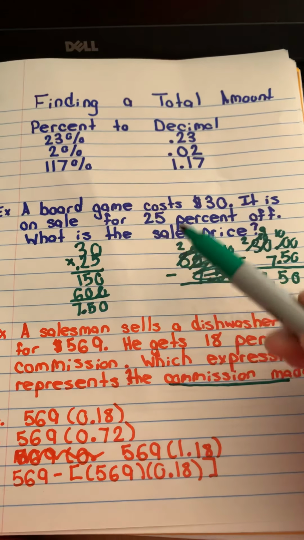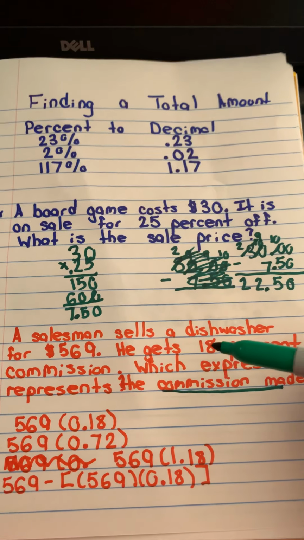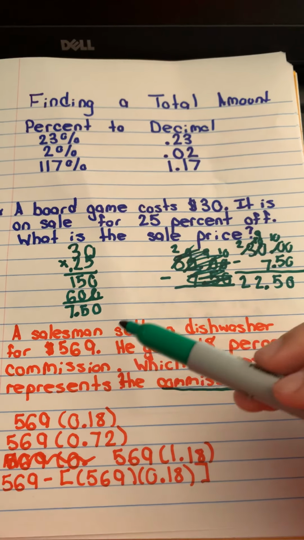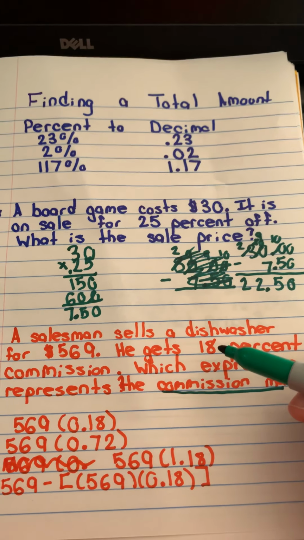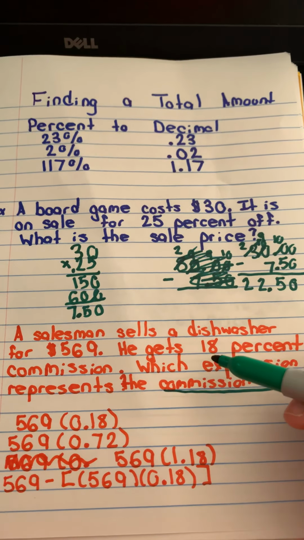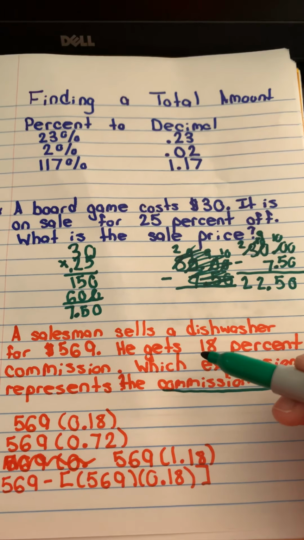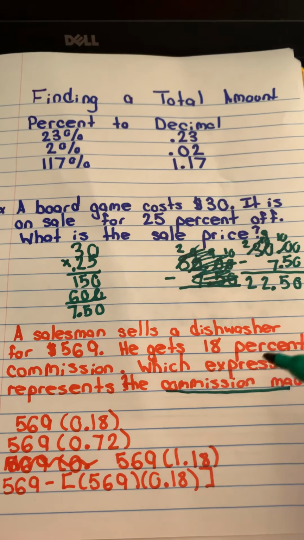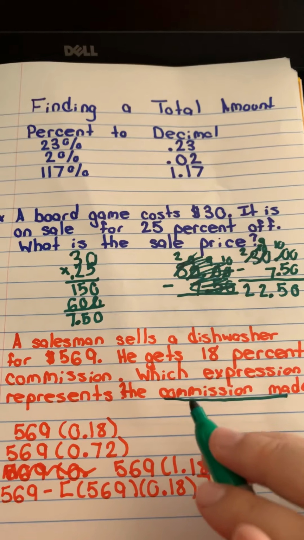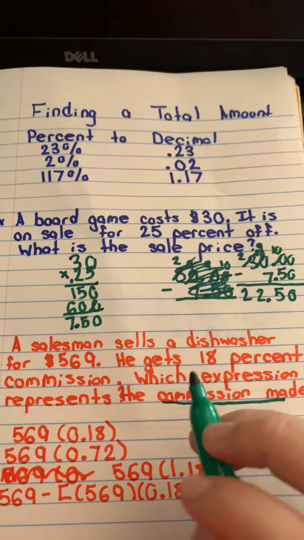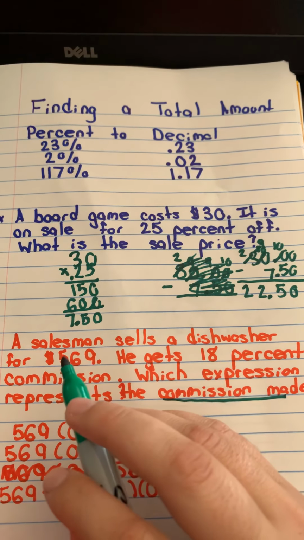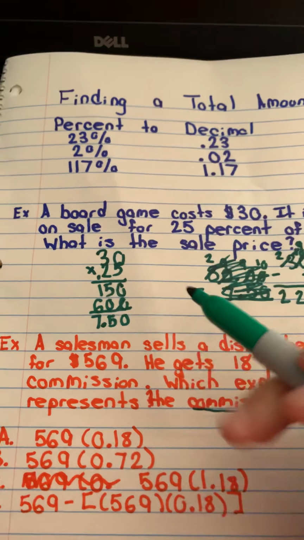Well, I kind of did what I did up here. I want to know how much 18% of 569 is. So remember, I take the percent sign that's in the back, I move it always twice to the left, and 18% would be 0.18. So if I just want to know how much was the commission he made, I would say 0.18 of 569, 0.18 times 569.